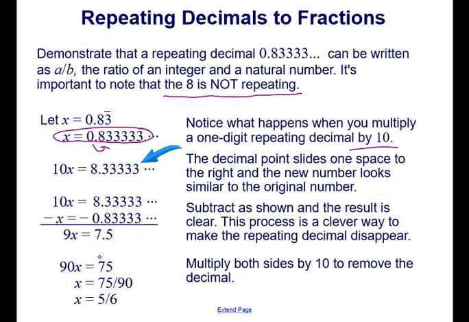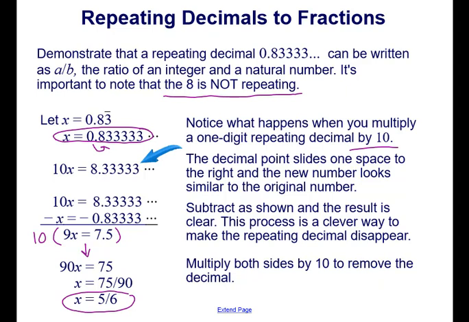So now to solve for x, we'll multiply both sides of the equation by 10, which gives us 90x equals 75. Dividing both sides by 90 gives us that x equals 75 over 90, which simplifies and reduces to x equals 5/6. So our repeating decimal of 0.83333, or 0.83 repeating, as a fraction is 5/6.